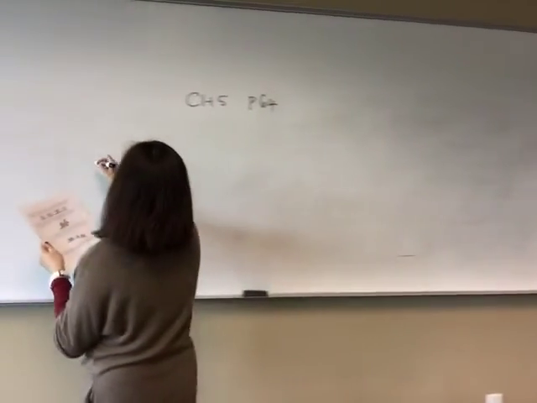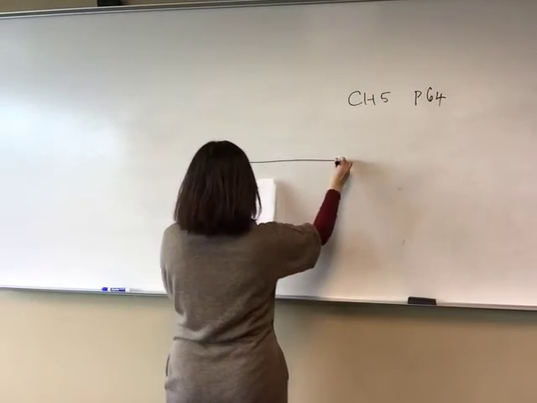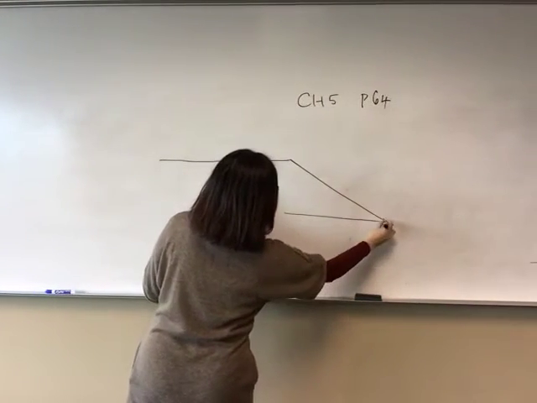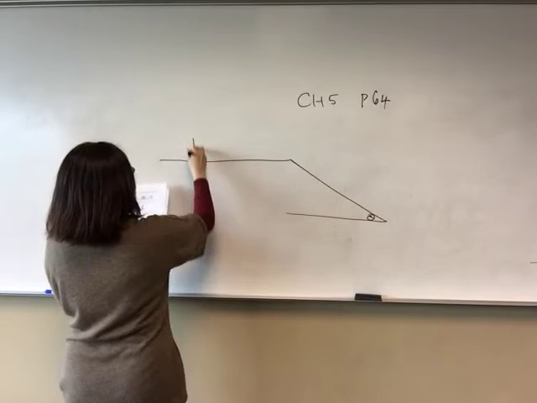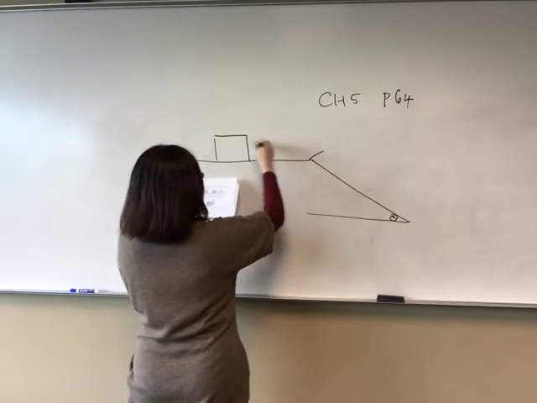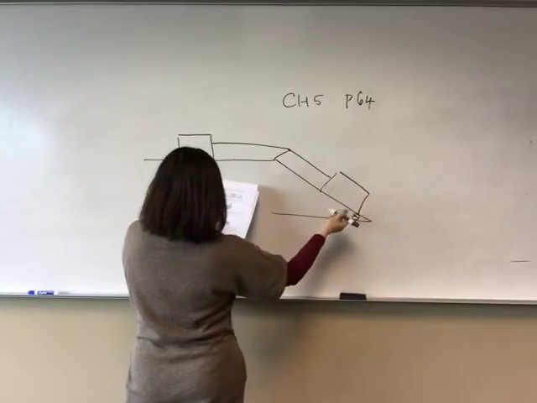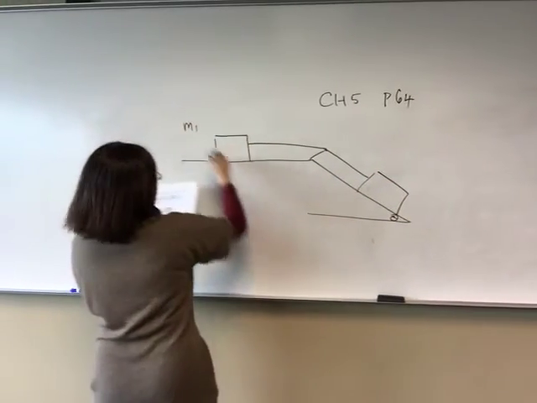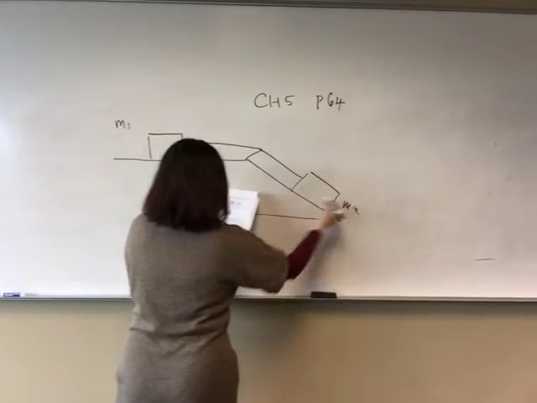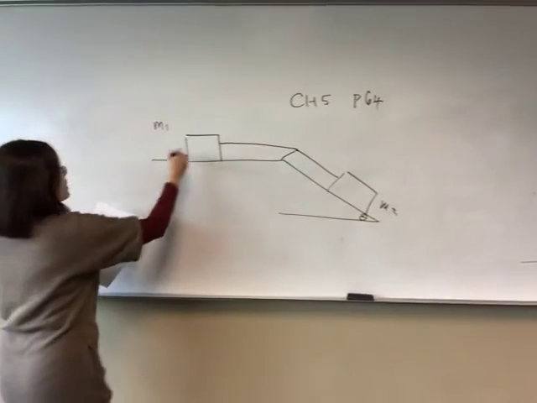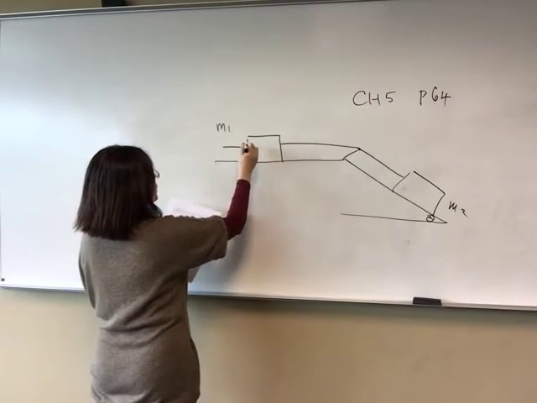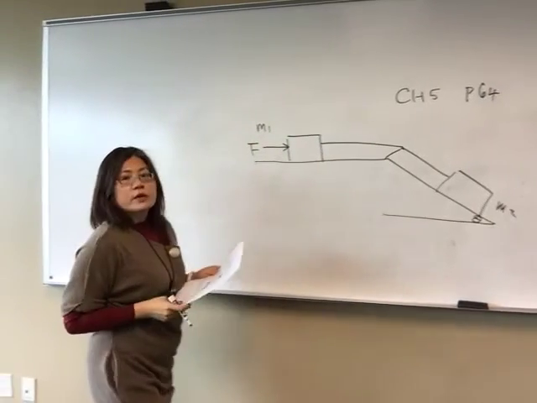All right, so this is the diagram. You have a block right here, and there's a rope connected to them, and another block there. So this is your M1, this is your M2, and that's your angle theta. And there's a force that's pushing it horizontally.